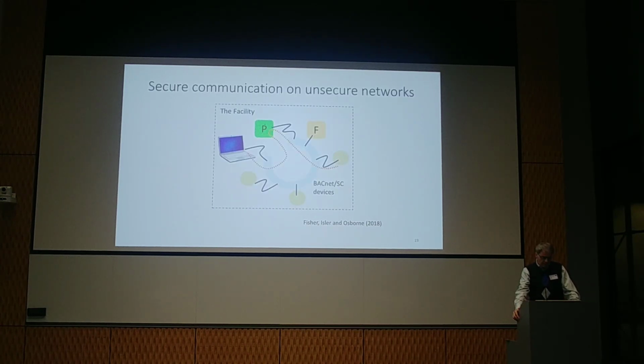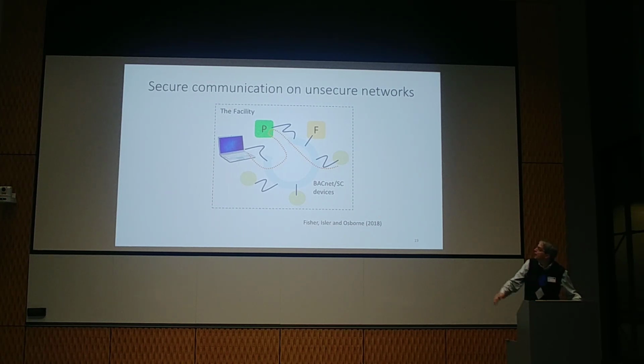Okay, let me show you a few scenarios, and then we'll wrap things up here. Here's a really simple BACnet SC deployment scenario in which you're running on an unsecured network. Maybe it's one like here at BU in which students have free access to it.